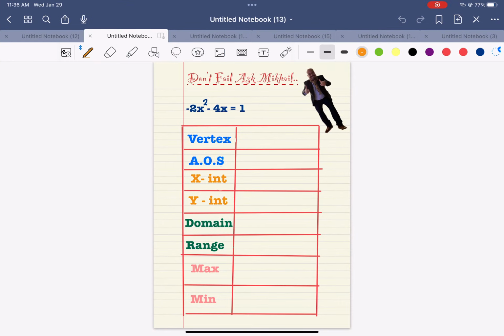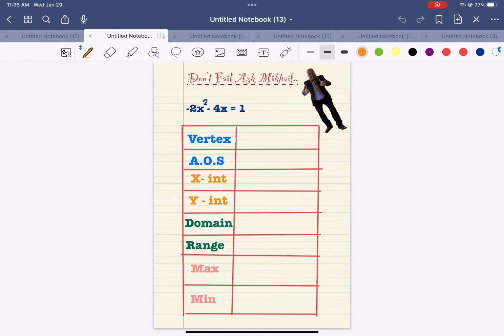Here's the equation. First, you have to notice it's not equal to 0, so we take the 1 and move it over to make it equal to 0. We subtract 1, and the equation becomes this. What is the vertex? The vertex is made of x and y.